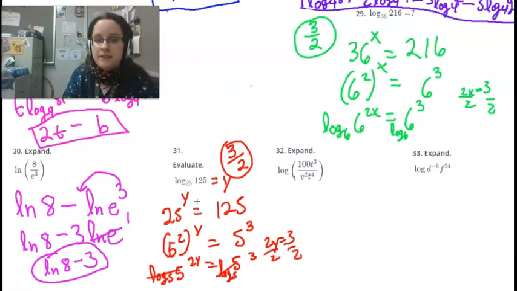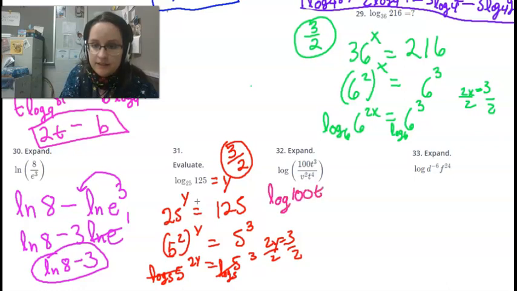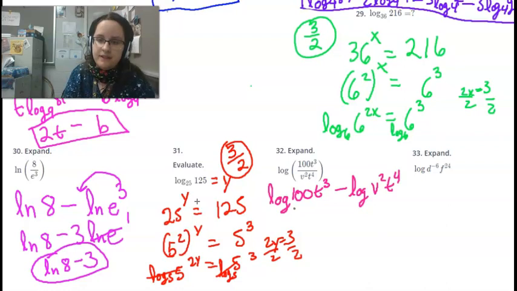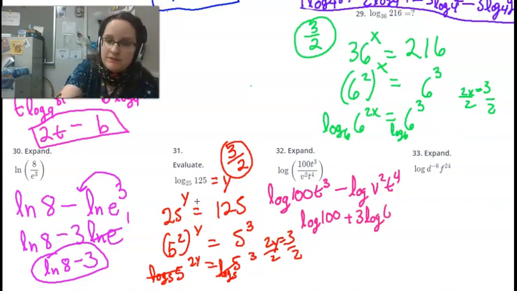On number 32, expand log of 100t to the third power divided by v squared t to the fourth. We can rewrite that as log of 100t to the third power minus log of v squared t to the fourth. We can further expand this by saying log 100 plus 3 log of t. And we just move that 3 to the front from our power rule.